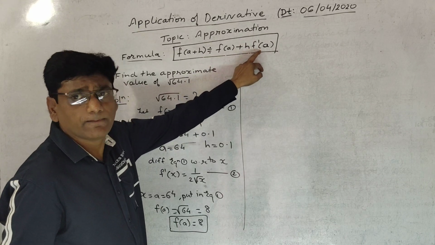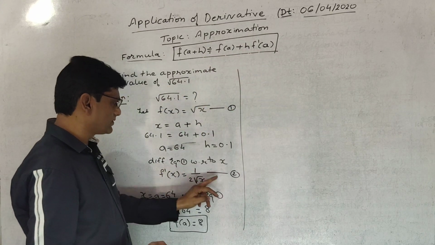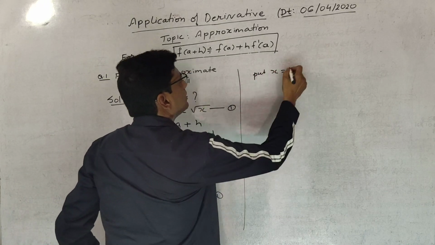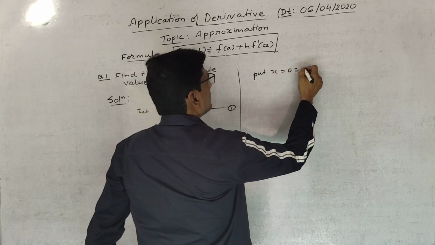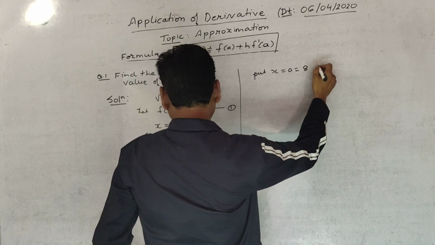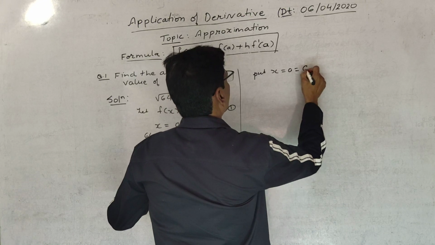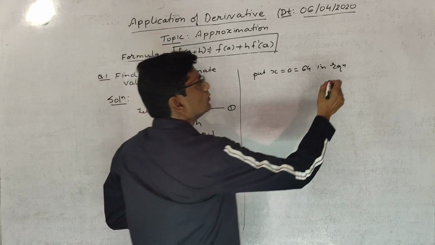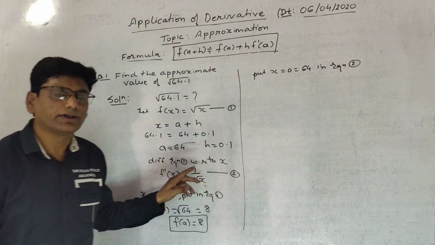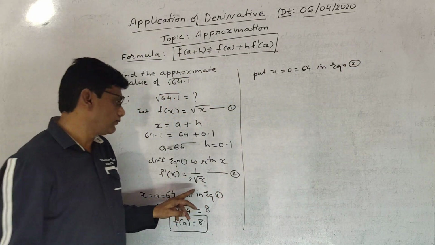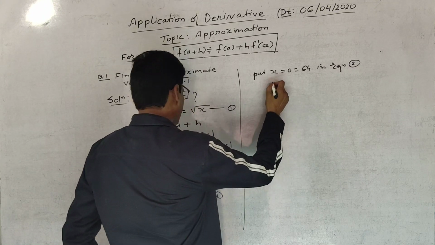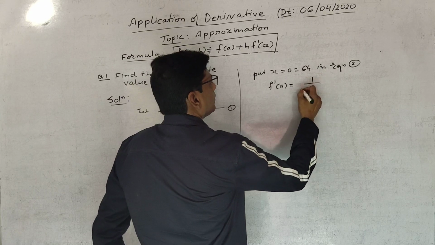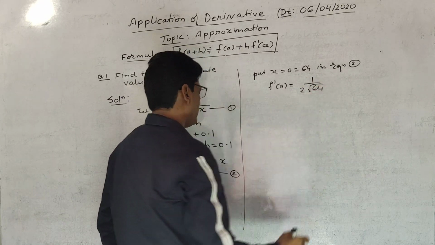f dash of a. So we will put the same value in equation number 2. Put x equals to a equals to 64 in equation 2. So what we will do now? We will write here f dash of a will be 1 upon twice under root of 64.